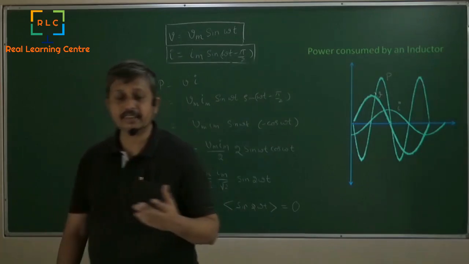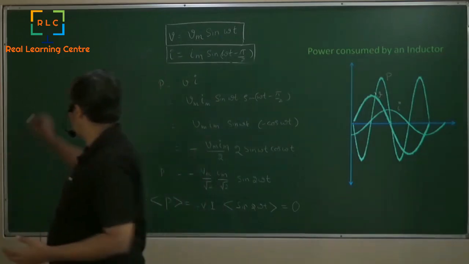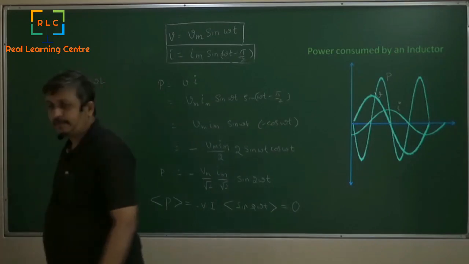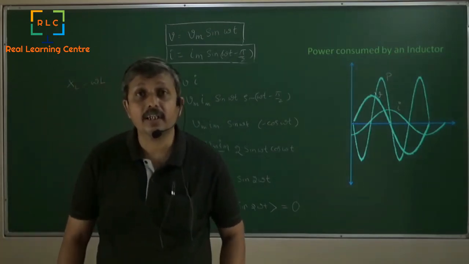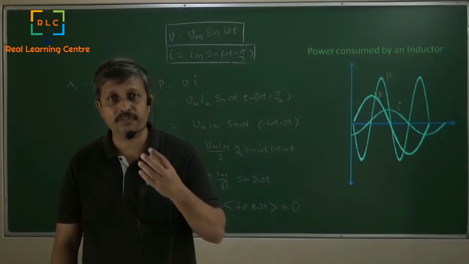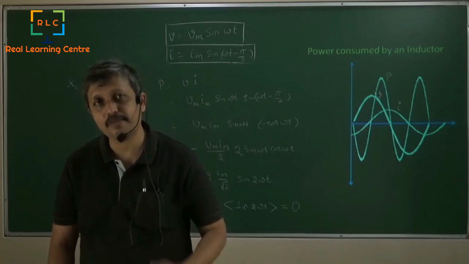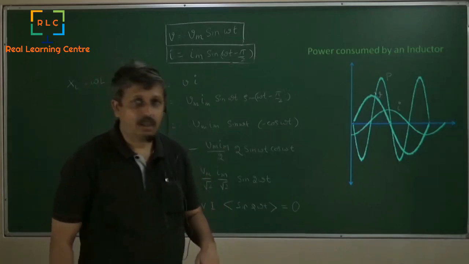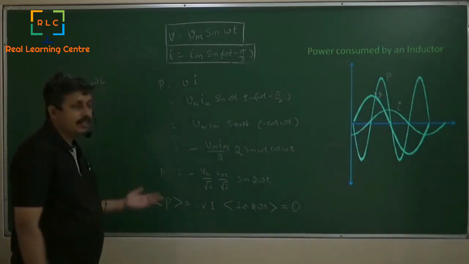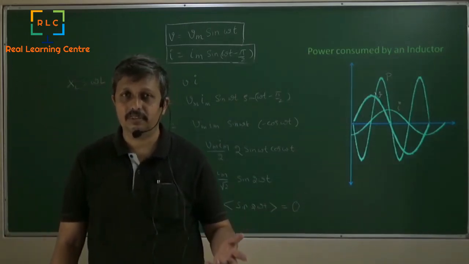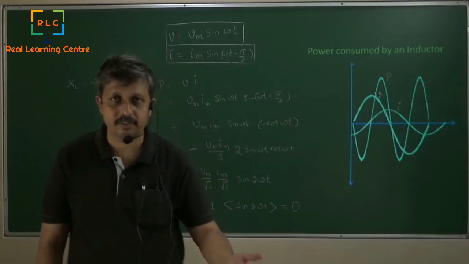The reactance, XL, is equal to omega L or 2 pi FL. It opposes the change in current, which means higher frequency means more reactance. And also we learned that the power consumed by a pure inductor on an average is 0. It takes power and gives back power.